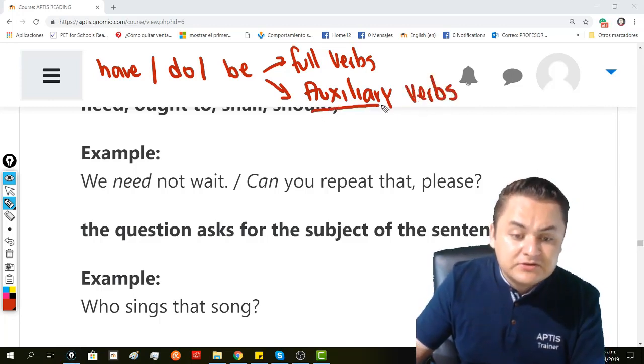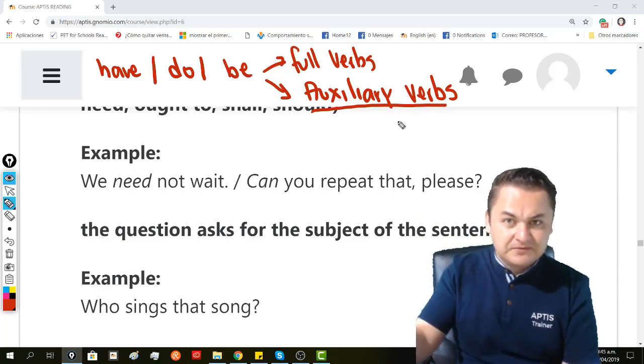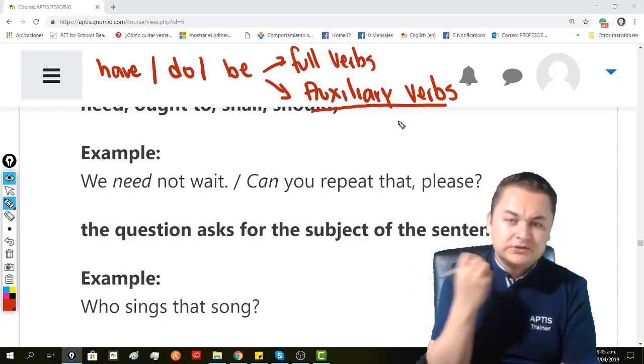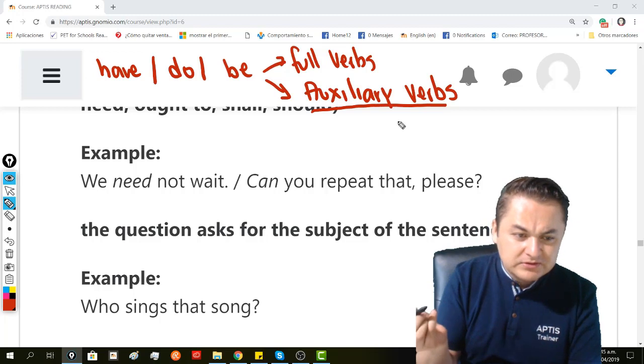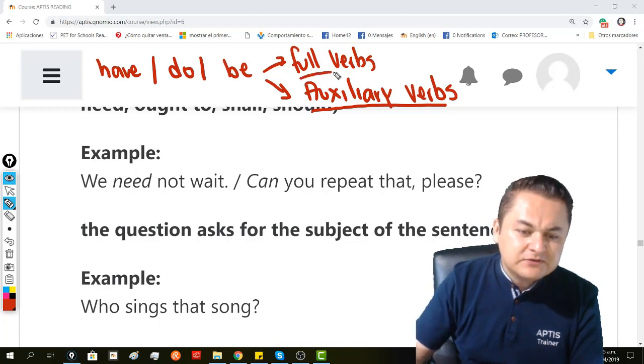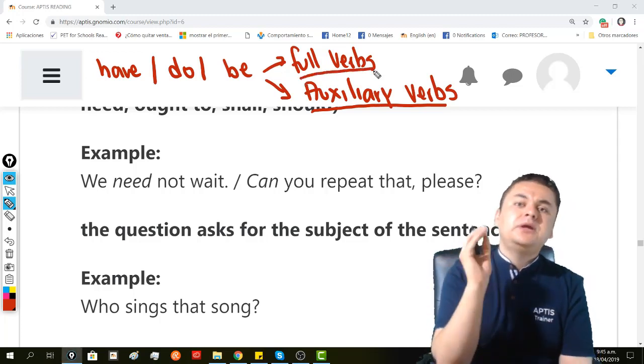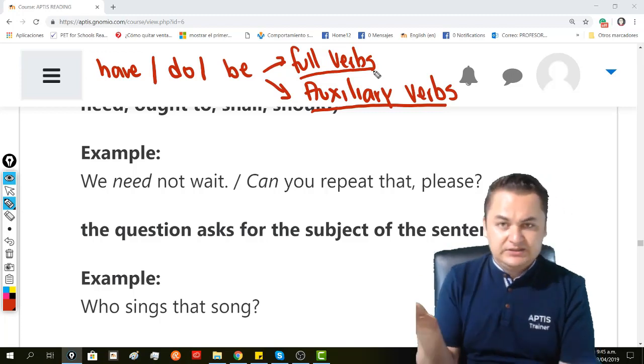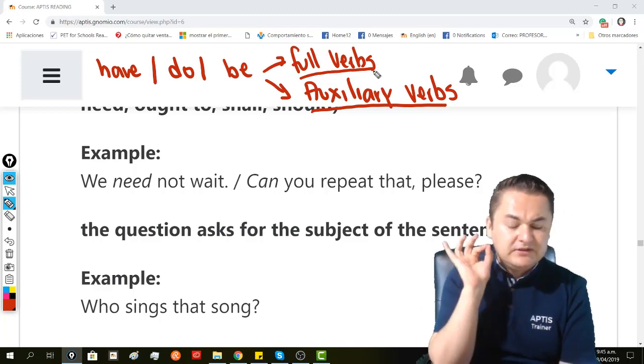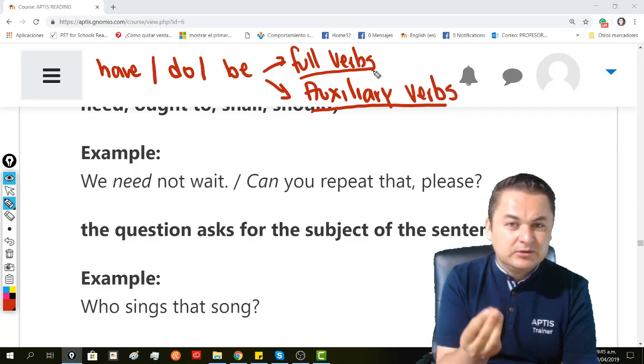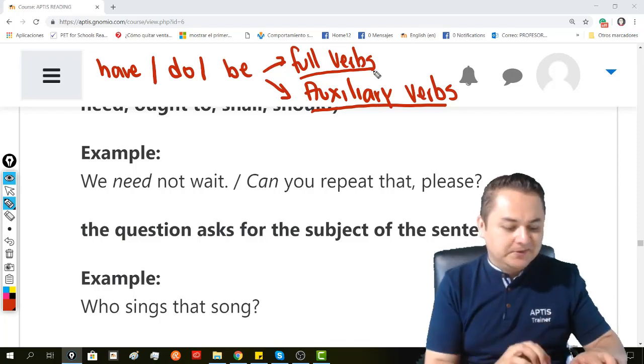If I use them as auxiliary verbs, the next verb needs to follow some kind of rules. But if I use them as full verbs, even the meaning of the verb changes. So I hope this basic notion is clear, and I'll see you in the exercises.